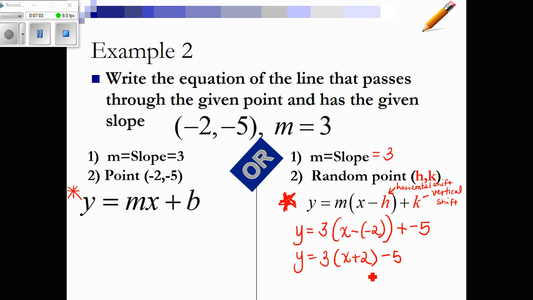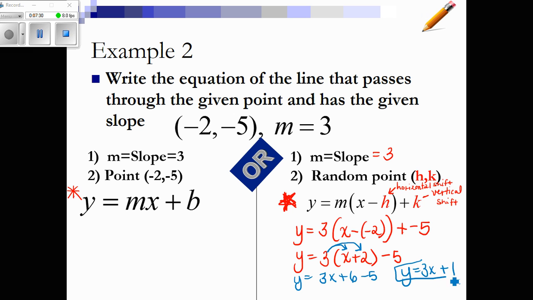Now, what if I needed to get that into y equals mx plus b form? Could I do that? Well, sure I could, because you guys all know how to use the distributive property. I take 3 times x, 3 times 2, and I'd get 3x plus 6 minus 5, and that would give me y equals 3x plus 1. So guess what the 1 is? The 1 is going to be the y-intercept, okay?